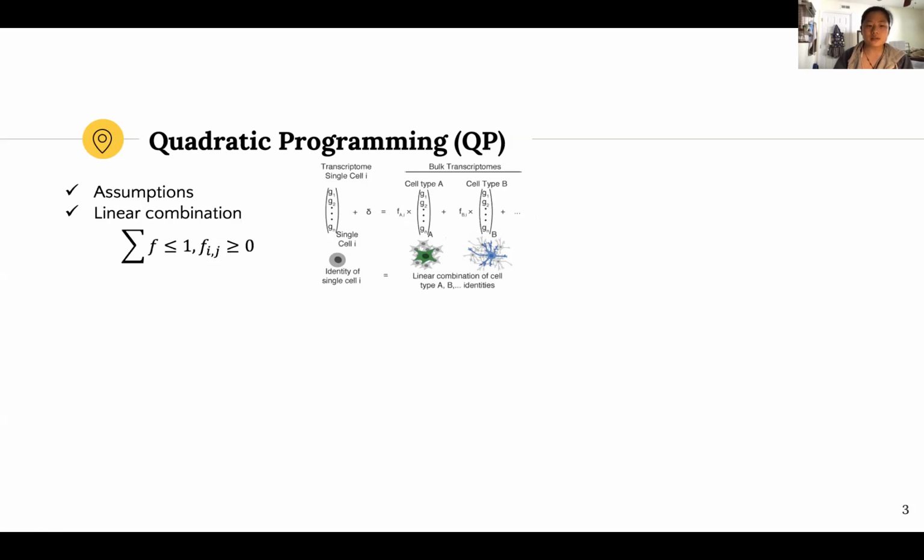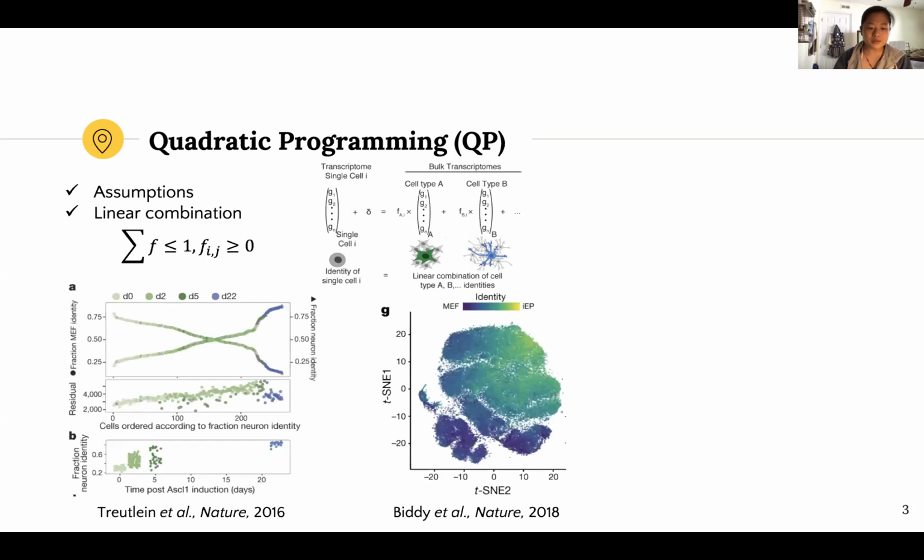This approach has previously been used in different methods, particularly involving reprogramming. In 2016, Barbara Treutlein first proposed using this method in a paper to measure the identity of reprogramming from mouse embryonic fibroblasts to neurons.